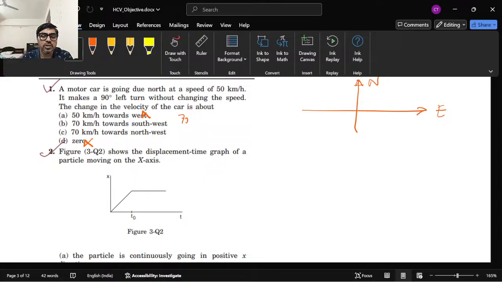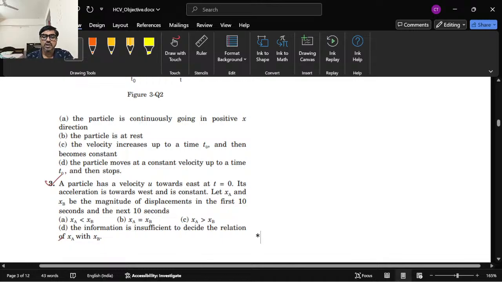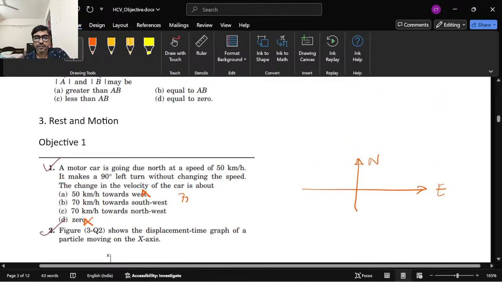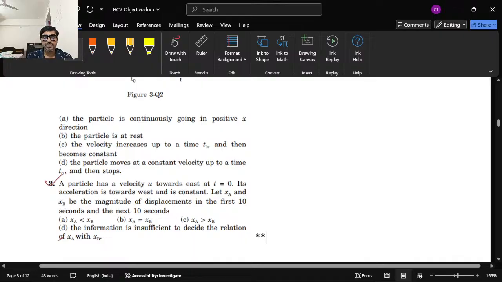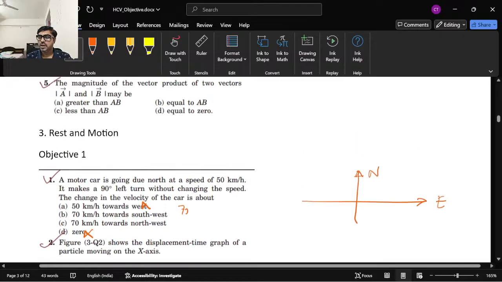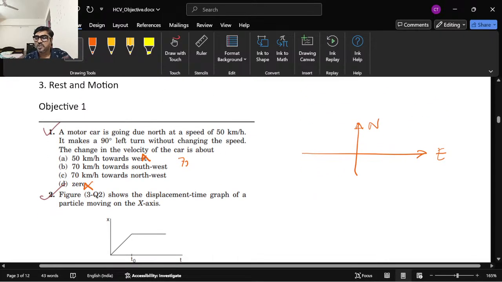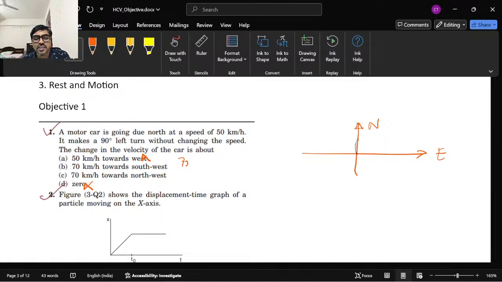Initial velocity was in this direction, right? That is initial velocity for you. And now after that it took a left turn, no? It took a left turn.